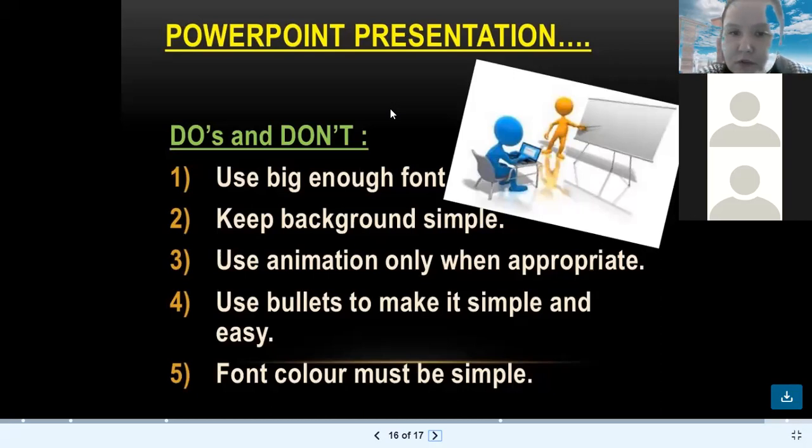That's why you have to make it simple. And sometimes you have to use animations, but not very often. And you have to use bullets to make it simple and easy.